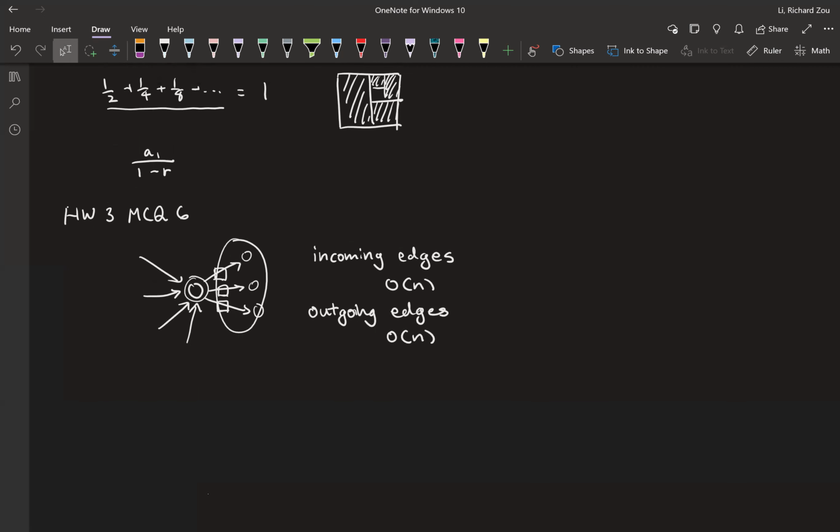Let me think. Oh, okay, I see. This analysis is done for every node. So there's an additional O of n factor here. But that makes me think it's O of n cubed, which is also not correct because that's too far up.